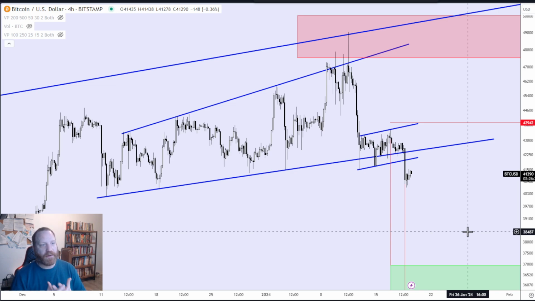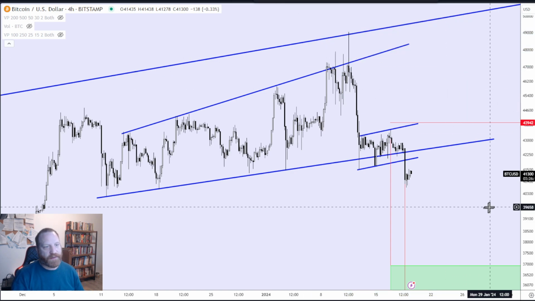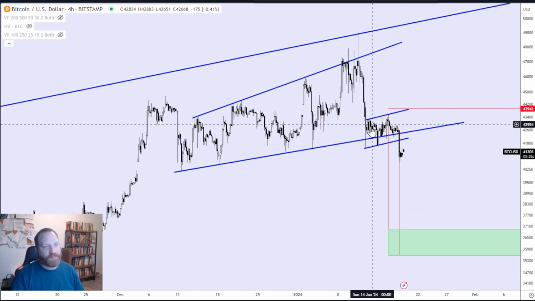To me, it's wherever I see a structure that I know and that I identify and that will break my thesis. So, for instance, in this example, I see two places where I would place a stop. So, let's say I had a big order, I would have shorted in this zone.